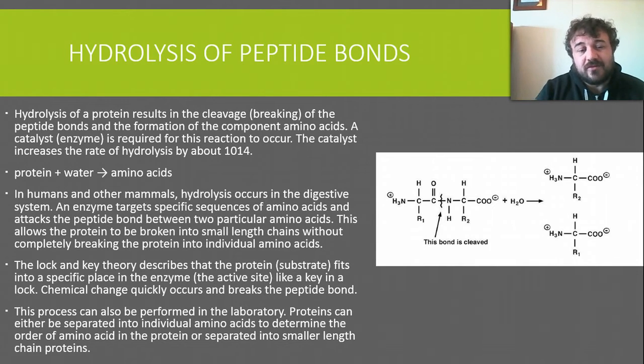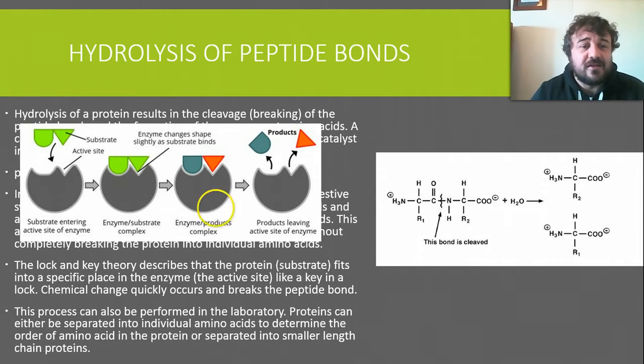So we can break it into individual amino acids or smaller length proteins. And here's the lock and key model. This is your substrate, or the protein that's being broken apart. It fits there, and while it's sitting there, it makes it easier for it to react, so the water will come along and cause it to hydrolyze and break apart.